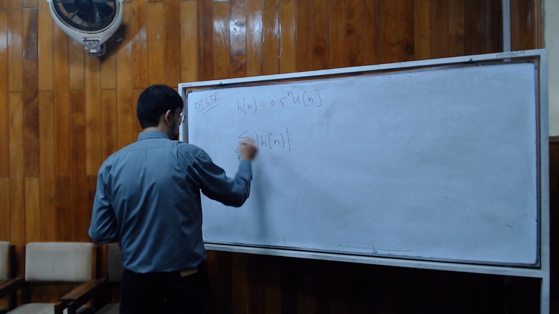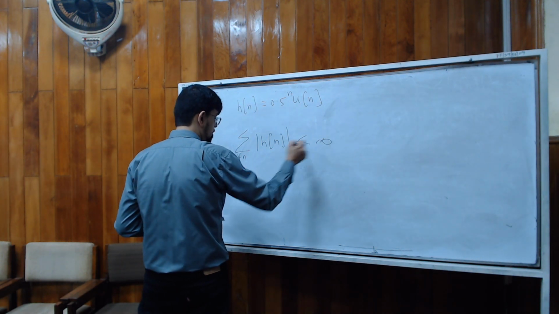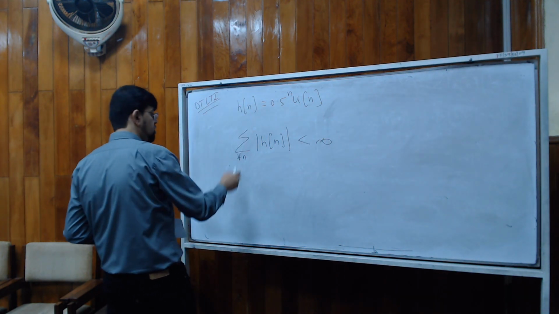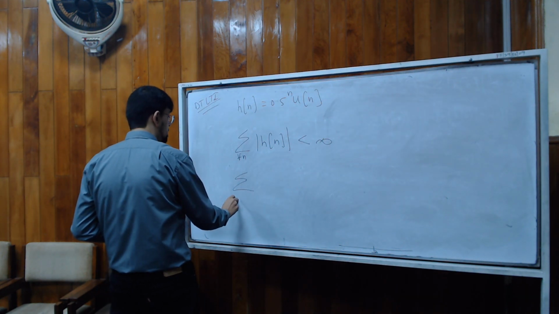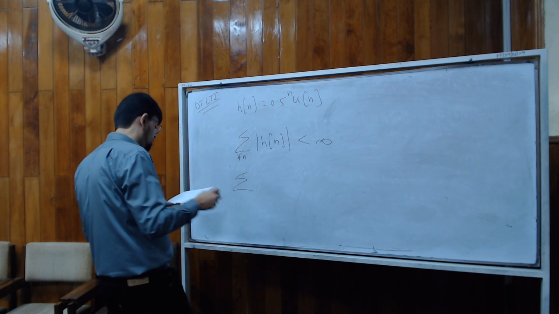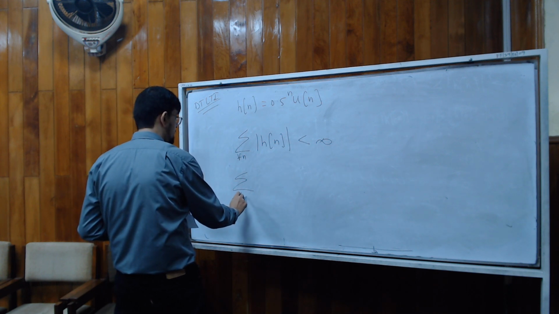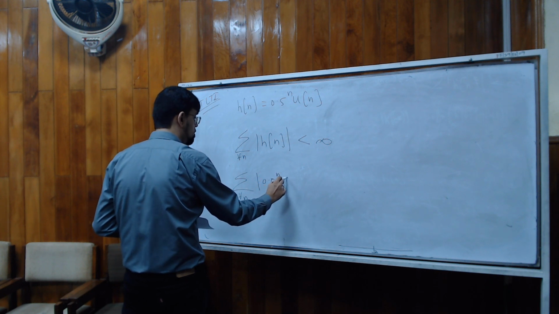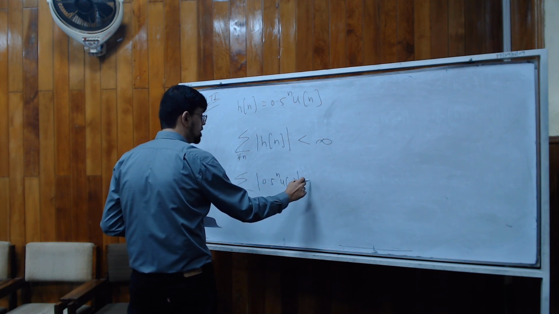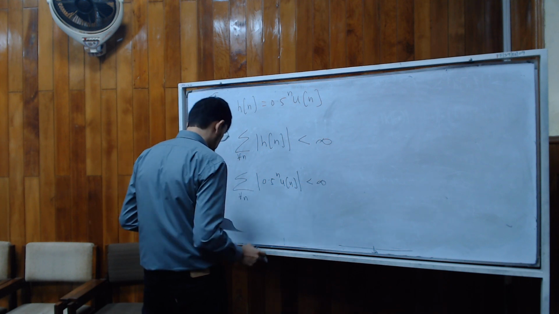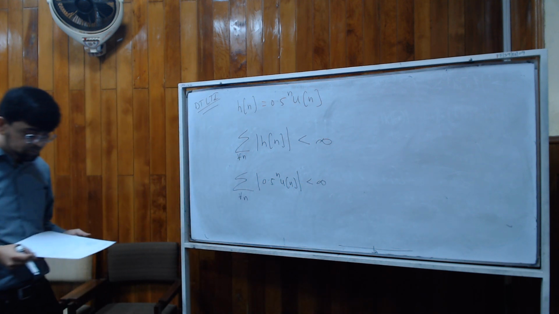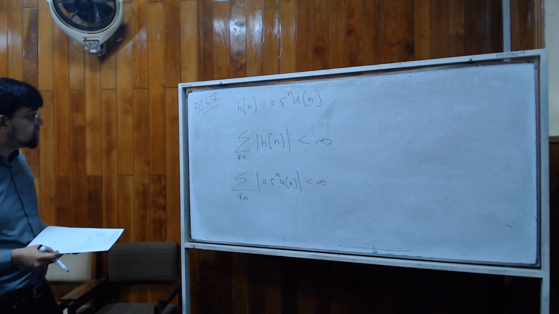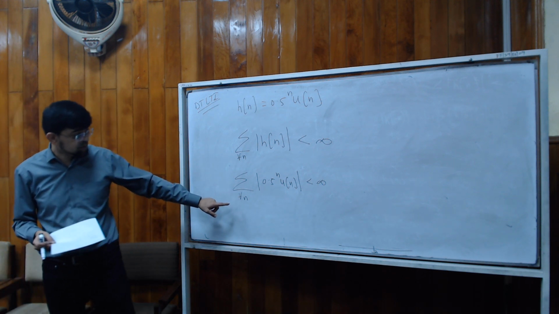So let's see. What is the general test of BIBO stability for LTI systems? It is that over all n, this summation of the absolute value should not be infinite. So let's do that here: the sum over all n of |0.5^n u[n]| should be less than infinity. Now, this is an interesting result.